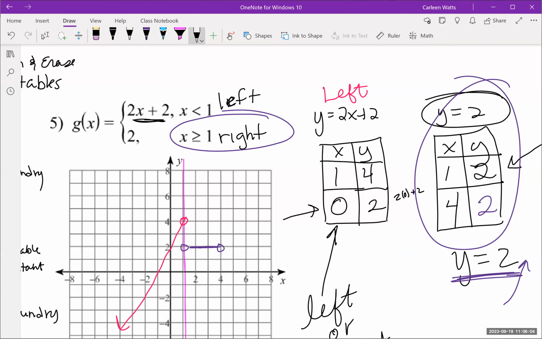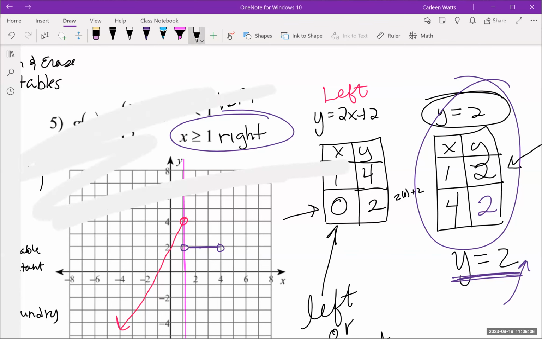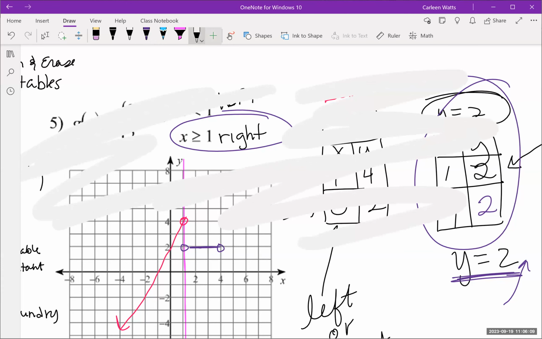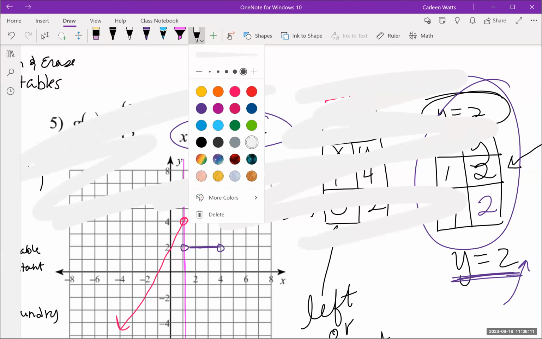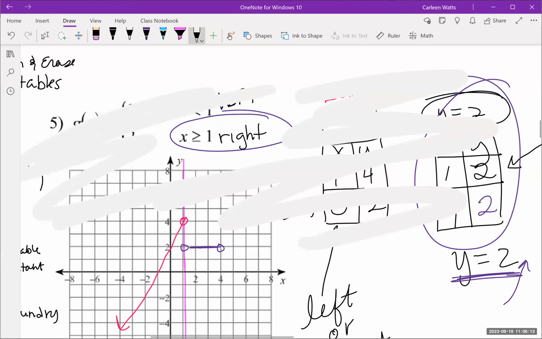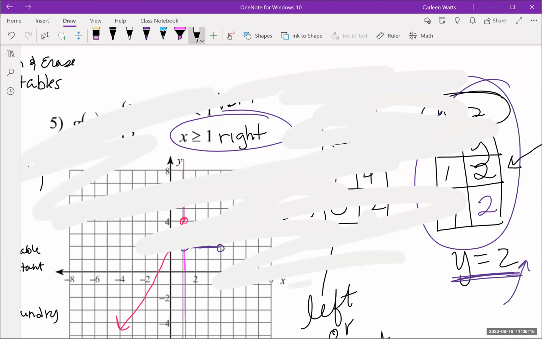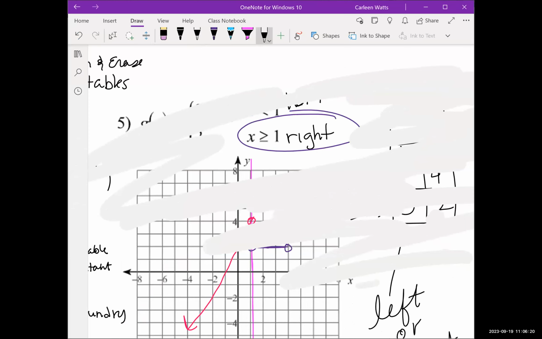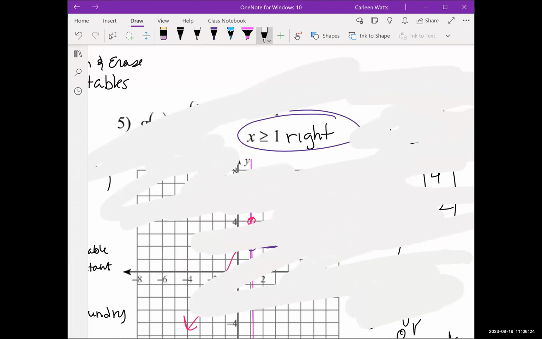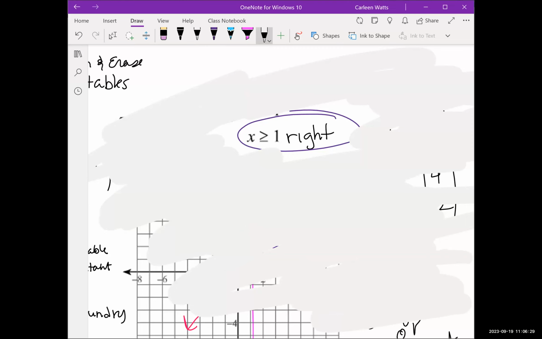Okay, now I'm going to make all this disappear for a second. Okay, sorry, this looks horrible. What is this telling us right here? This is telling us start at the boundary.